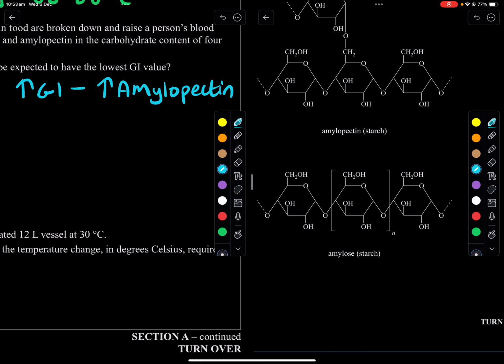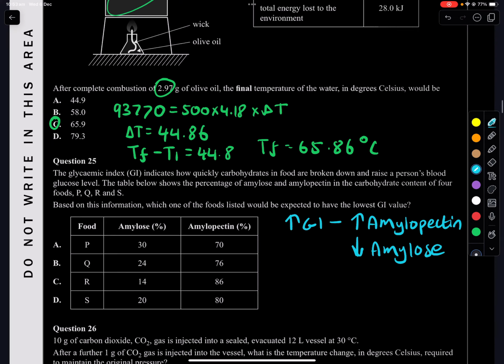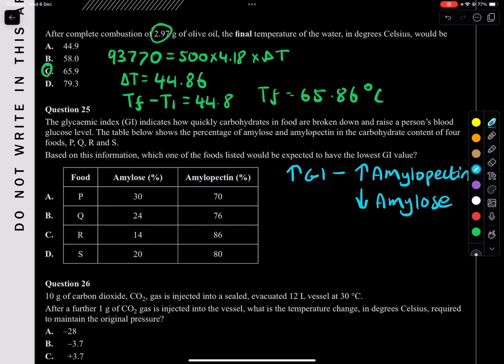So for a high GI food, we want a low amylose content. So overall, amylopectin is going to be very high for high GI, and we want amylose to be low to have that.